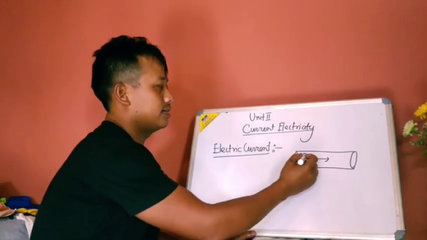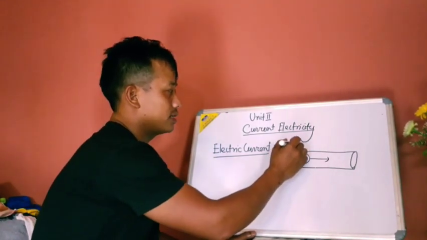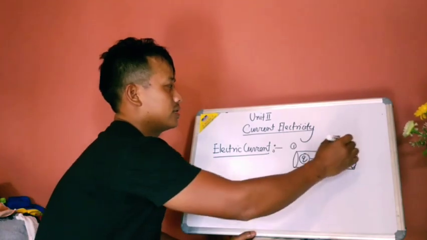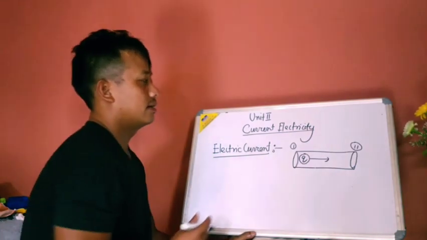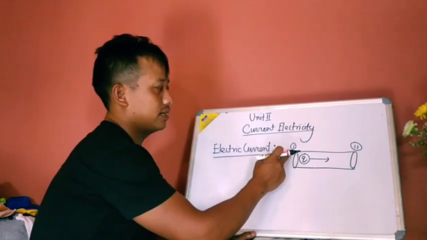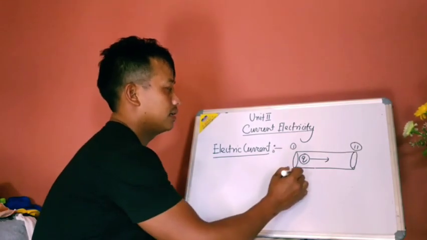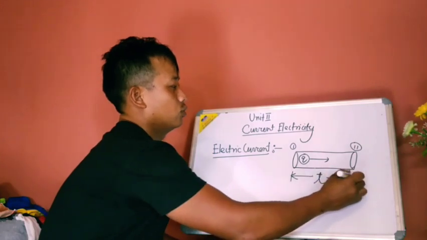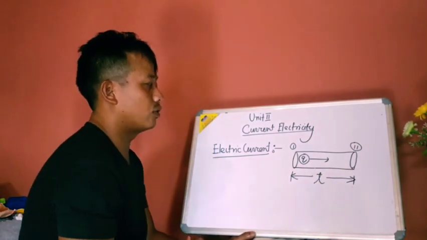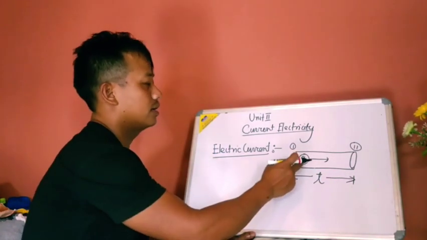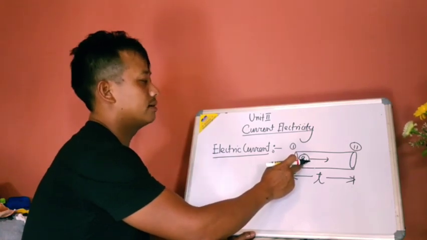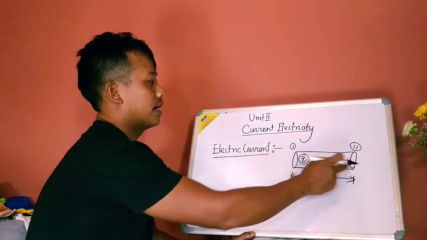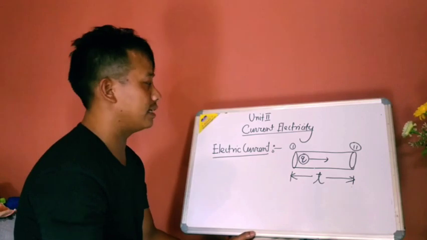So let us say the charge Q, while moving from the first edge to the second edge, takes a time t to move across the conductor. So you have a conductor across which the charge Q is moving from left to right, and it takes a time t.